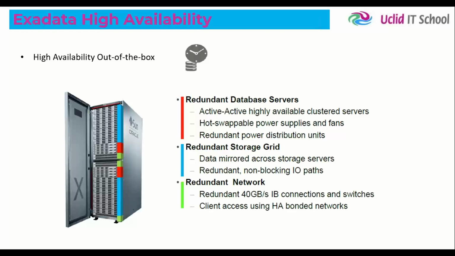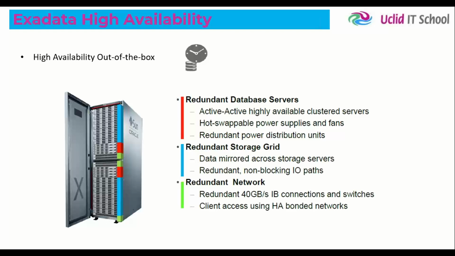And with redundant storage servers, data is mirrored across the storage because the storage servers are managed with Oracle ASM. Oracle ASM can mirror the data across different storage servers, and because of that your data is highly available. Any server failure or storage failure will not impact your data availability.